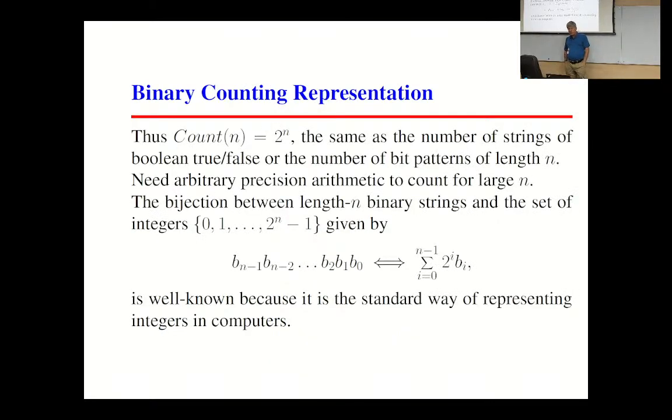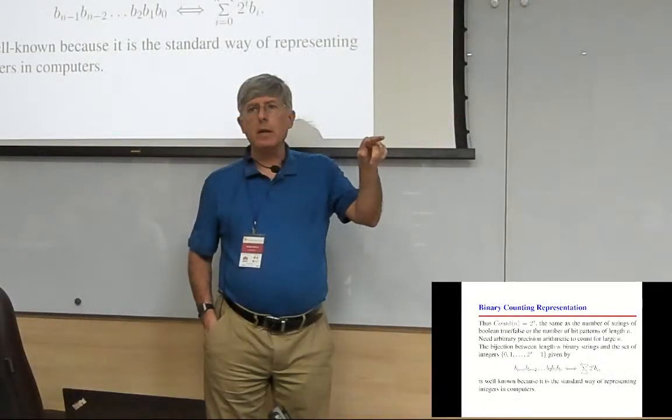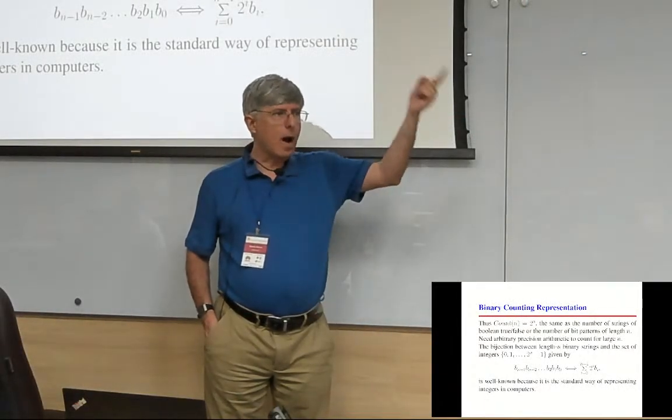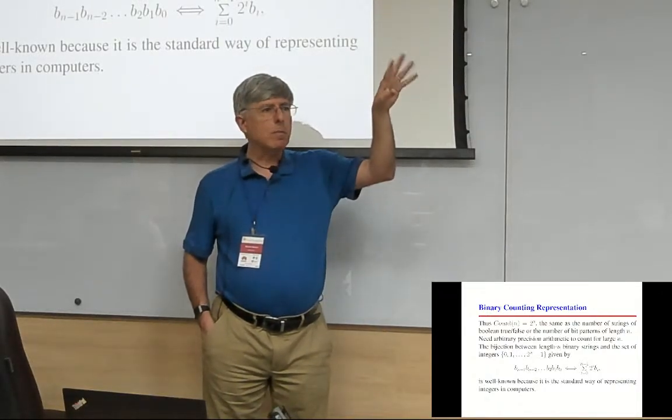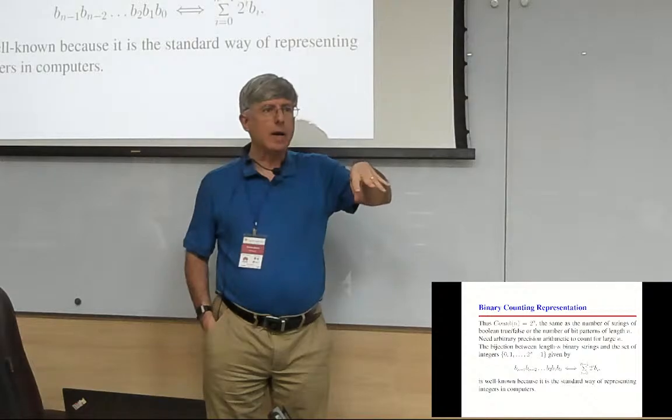Now, if I ask you to generate subsets, I think I know what your favorite way to generate them is. It's probably a loop that goes from 1 to 2 to the n, and counts the binary representation of that.